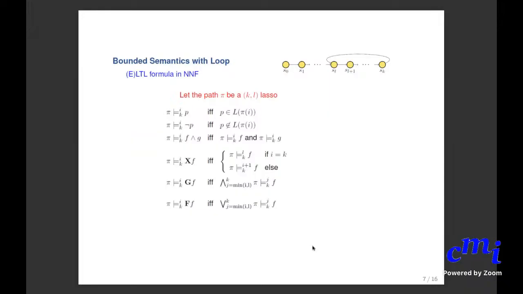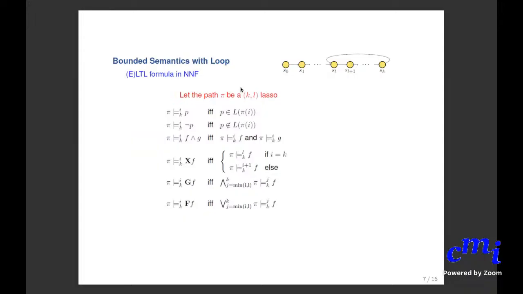That is described in these rules, given a path pi. There are two kinds of translation. Here I'm going to be defining a formal bounded semantics of the loop.